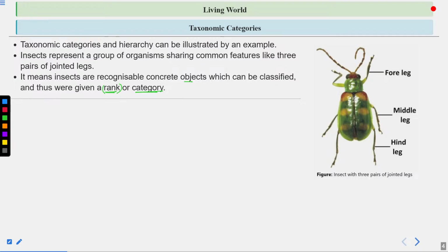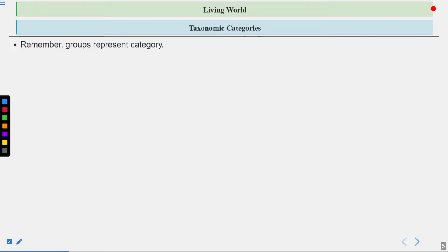It means jointed appendages. So each group can be given a certain rank. This is known as taxonomic hierarchy. So remember, groups represent categories, and a category further denotes a rank, a level. These groups can be at a lower rank or at a higher rank.